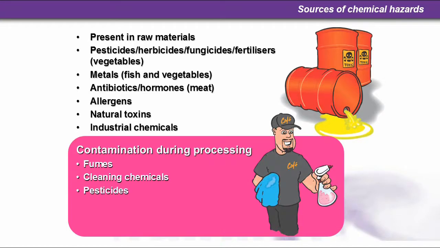Cleaner chemicals, pesticides, allergens, again, excess additives, and migration from packaging, for example, with cling film. The jury is still out on whether or not cling film does cause a problem with packing foods and then cooking the foods in situ. They say it's possible that the chemicals from the sticky bit, the clingy bit if you like, actually get into the food itself.